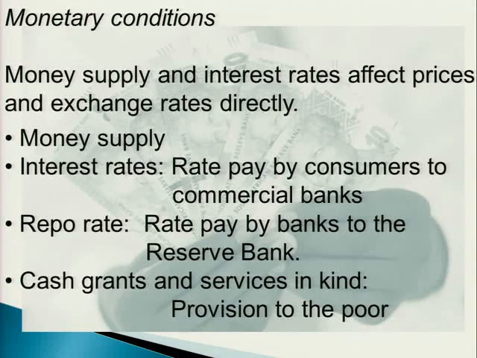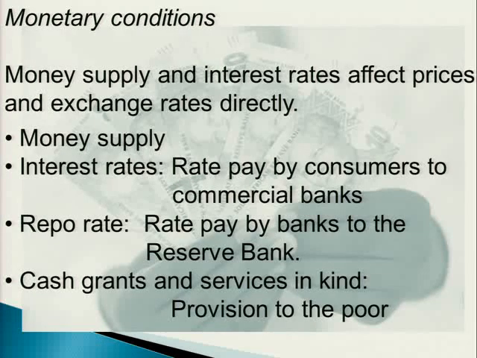Now, the monetary conditions have to do with the supply of money. Now, what is the interest rate? What is the normal interest rate? This is the rate paid by borrowers, consumers, that they can borrow money from the commercial banks. So if you go to a bank, you borrow money from a bank, then you are going to pay the interest rate.